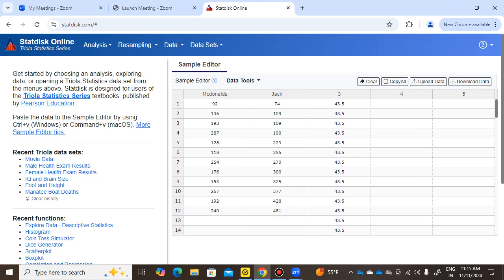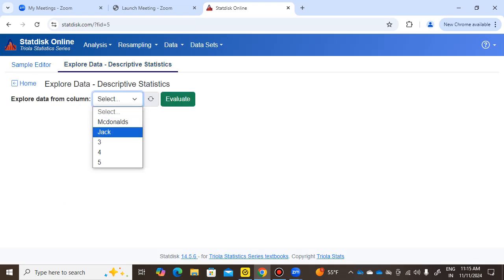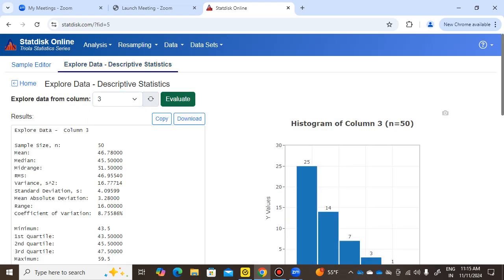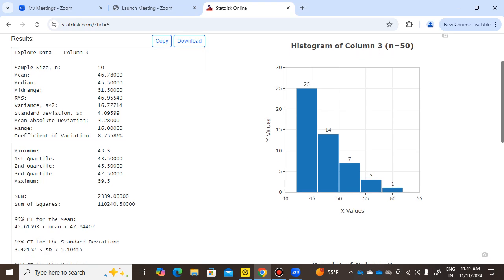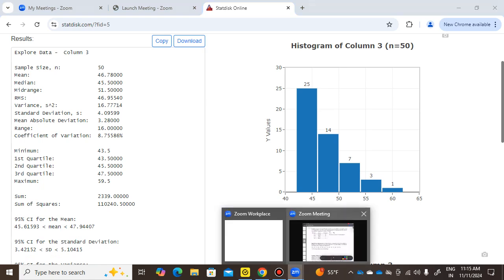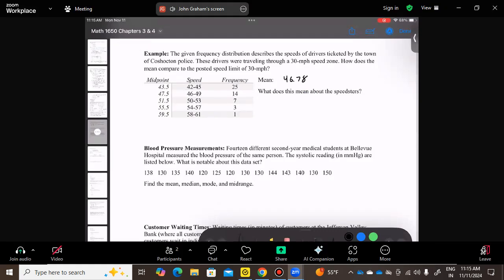Right. And we're going to find the mean. So explore data. Select column 3. And our mean is 46.78. So what does this mean?